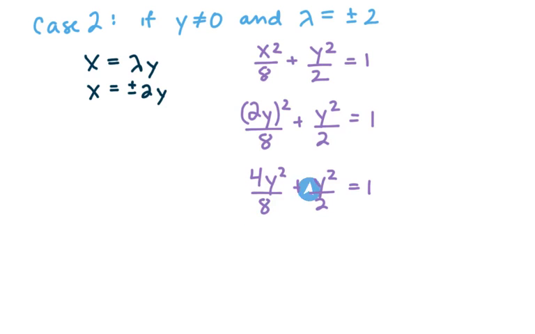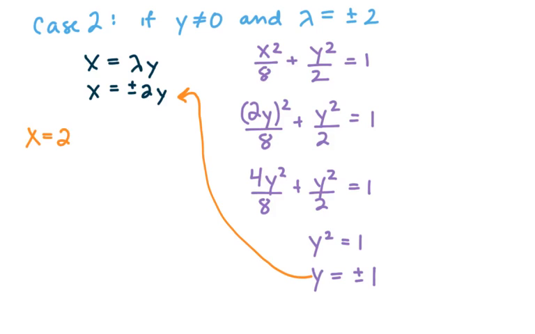So I have 1/2 plus 1/2, which is going to give me 1y squared equals 1. Solving that, I get y equals positive or negative 1. So my equation I'm using here, that's going to give me some different x values.